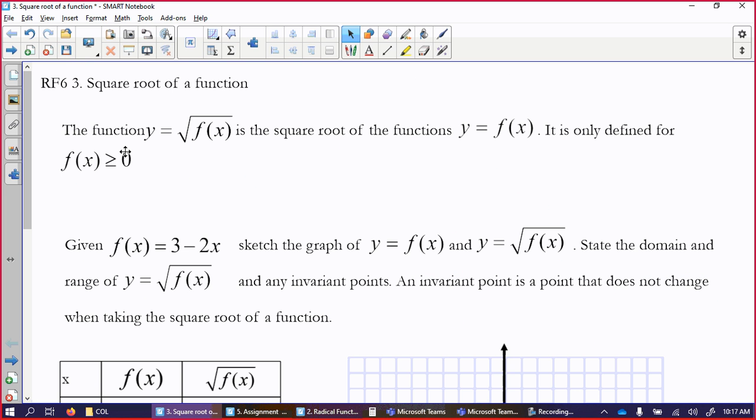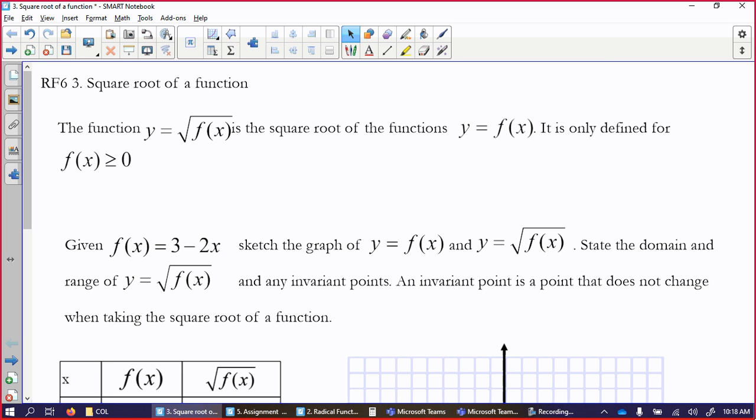Another thing in here is the square root of a function. So we've just looked at the square root of x. Well, we can look at a whole bunch of other functions. When you take the square root of something, we have some things we have to worry about.